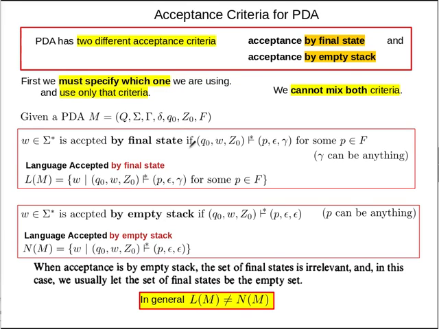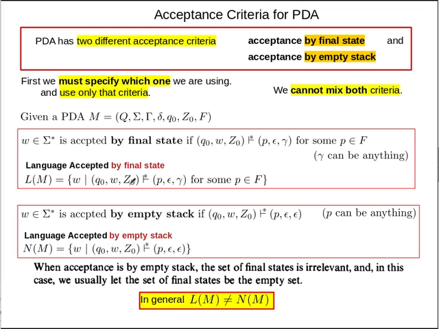In the last video, we saw two acceptance criteria for a PDA, and depending on that acceptance criteria, the language accepted by the PDA is defined. So we cannot just say the language accepted by the PDA, we have to say the language accepted by final state by the PDA, or the language accepted by empty stack by the PDA.